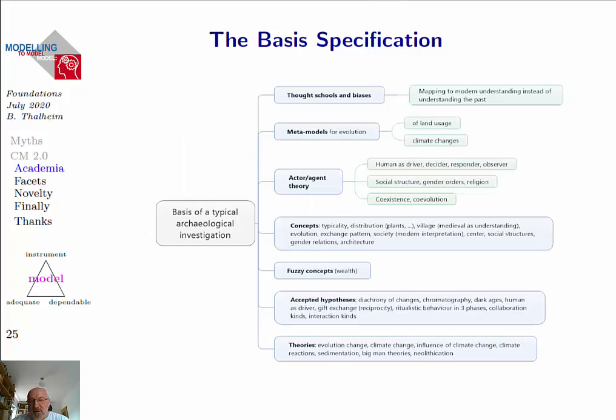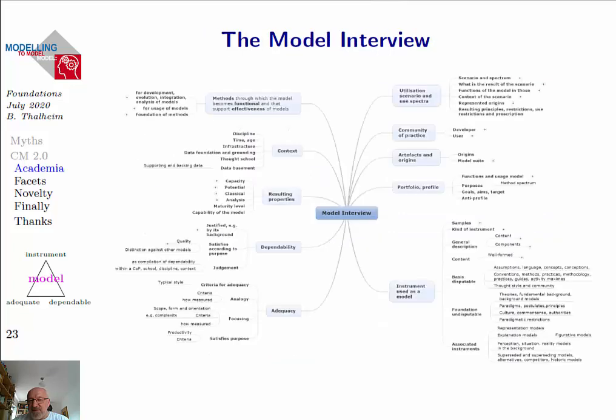The basis rests on a number of concepts, for instance: what is a village, what kind of centers we are considering, what kind of social structures, what kind of general relations and architecture. We have a number of other concepts, and a number of hypotheses. This would be a specification frame in our model interview.